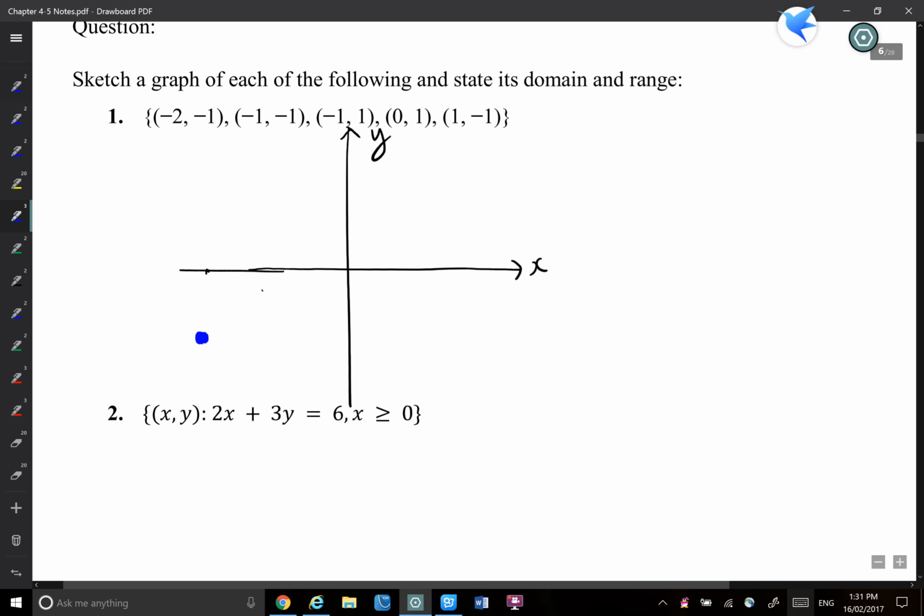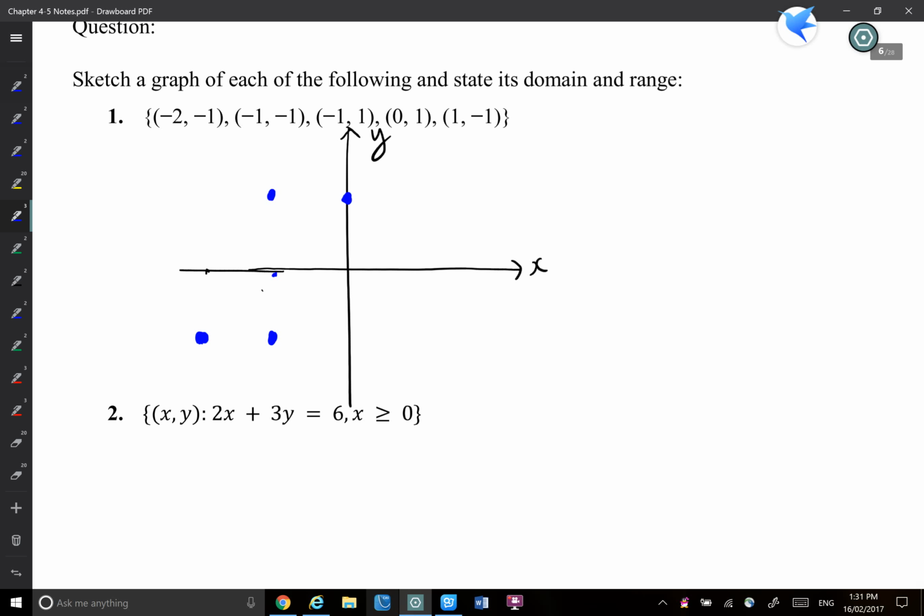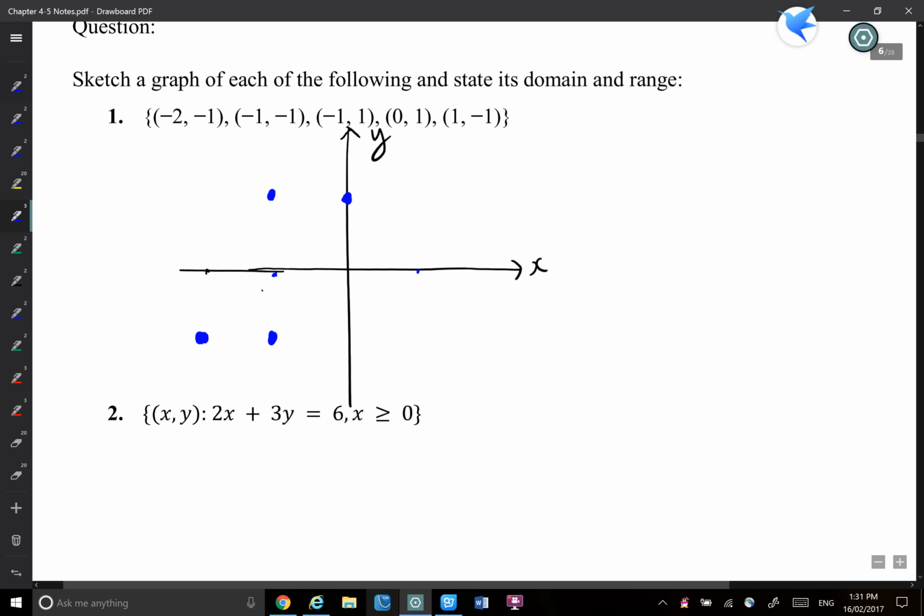The next point is (-1, -1), which is here. Then we have (-1, 1), which is here, and (0, 1), which is here, and (1, -1), 1 is here and -1 is here.